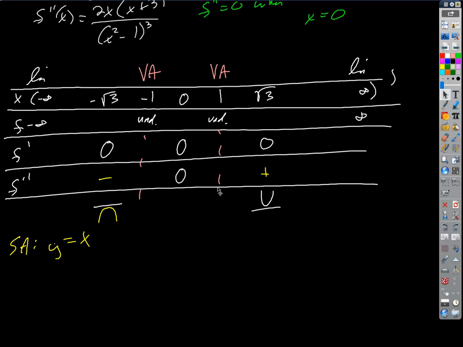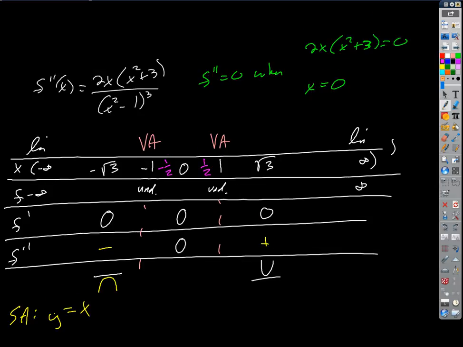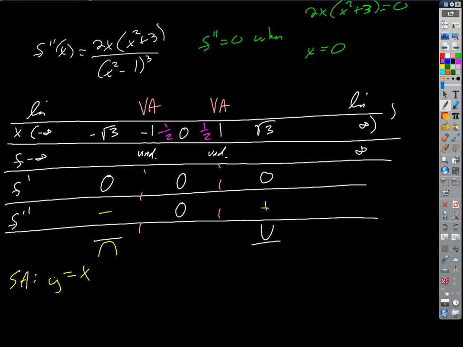Test points. What was the suggestion for test points? Okay, so like negative 1/2 and positive 1/2. Which row are we going to work on? Where do we always want to work? As far down as we can. So let's work on the second derivative. We just want the sign.